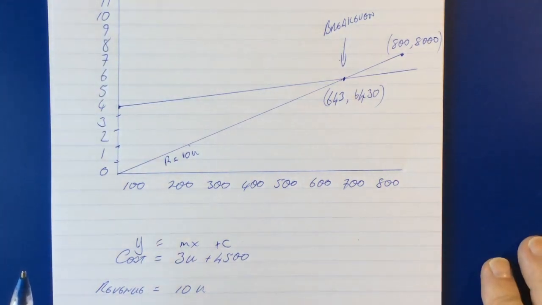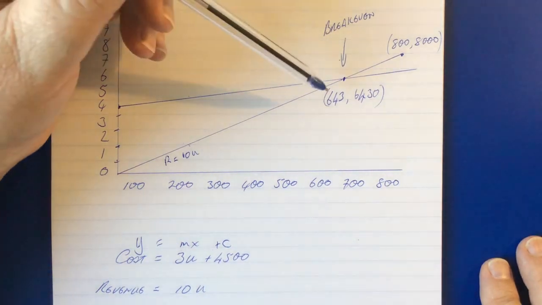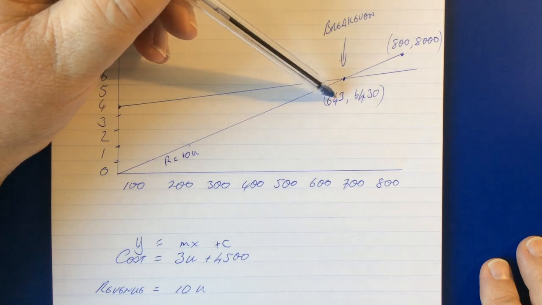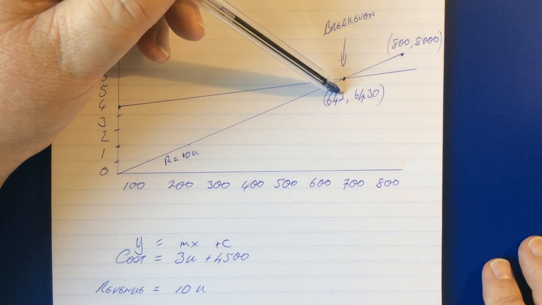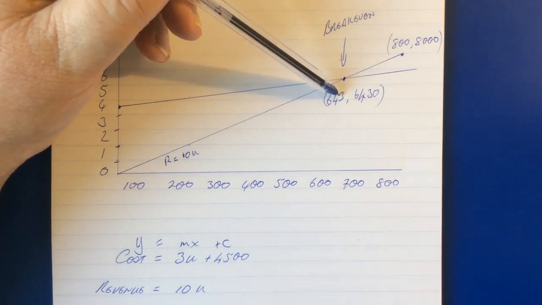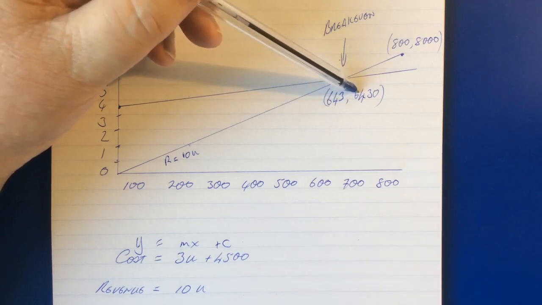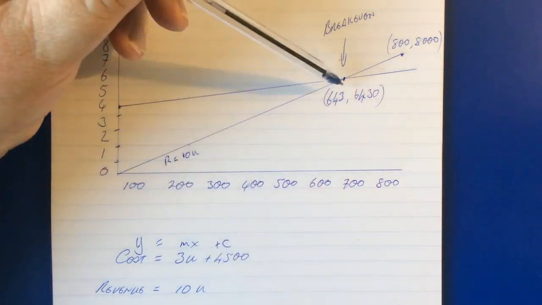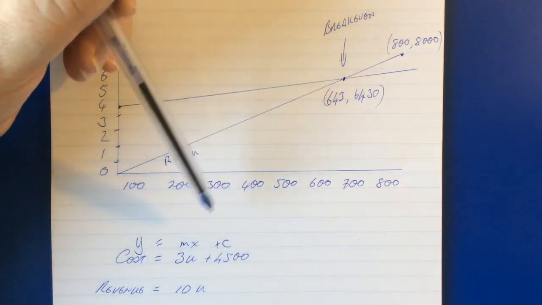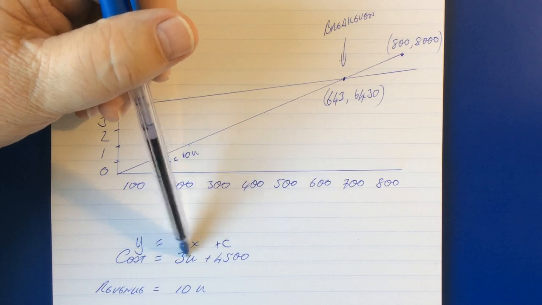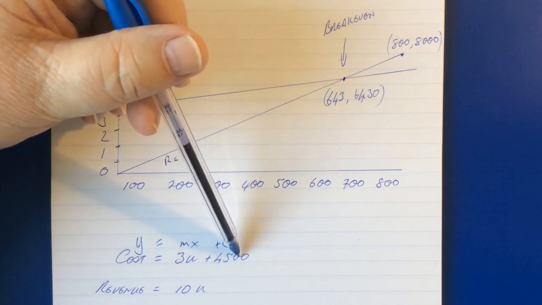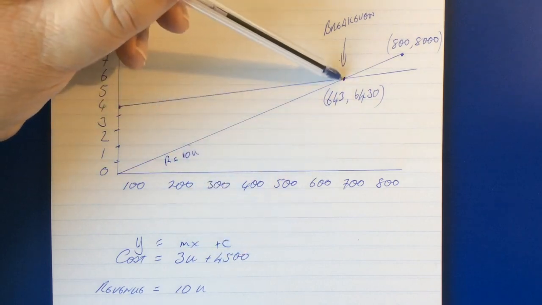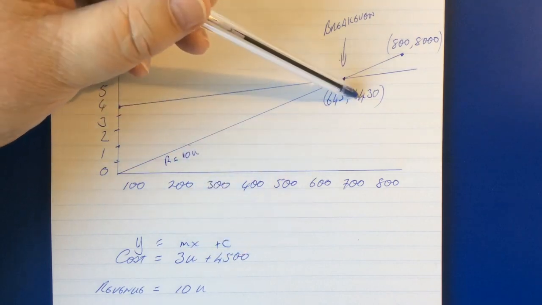Okay, so the number of units sold, 643, those are $10 each, so that's $6,430. If you put 643 into this cost equation, you'll find that you get this answer.